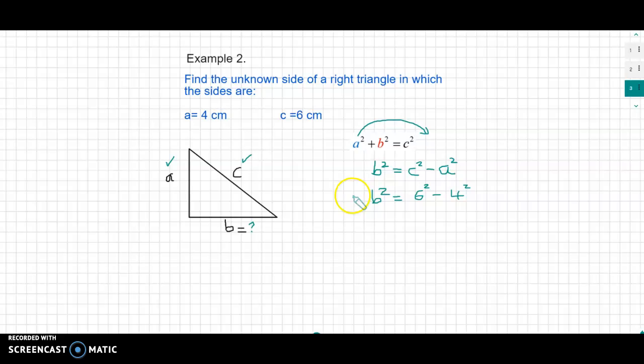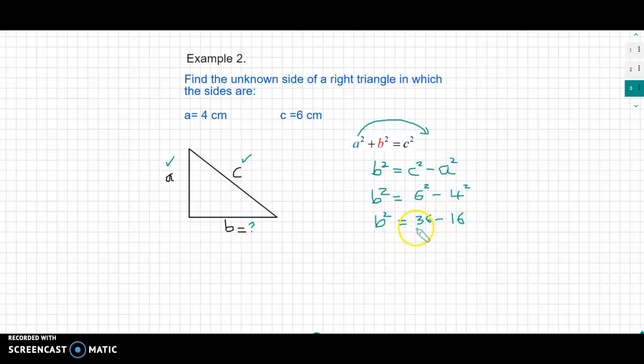All right, guys. So here, remember that we need to solve these exponents. They are powers. So B squared equals 6 squared. That will be 6 times 6, not 6 times 2. Be careful with that. That will be 6 times 6, which is 36, minus 4 to the power of 2, which is 16.